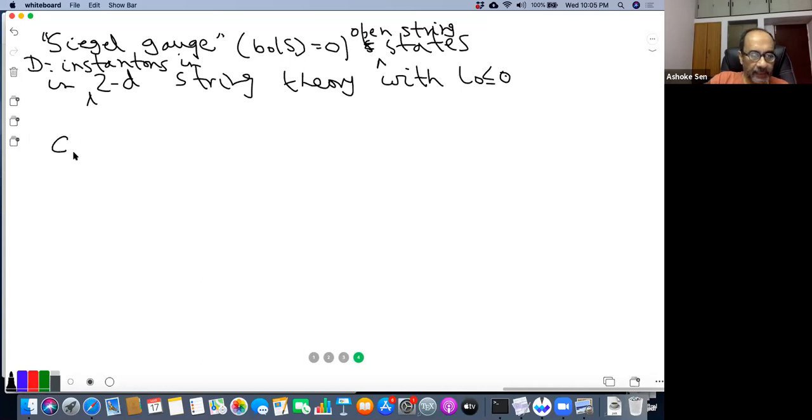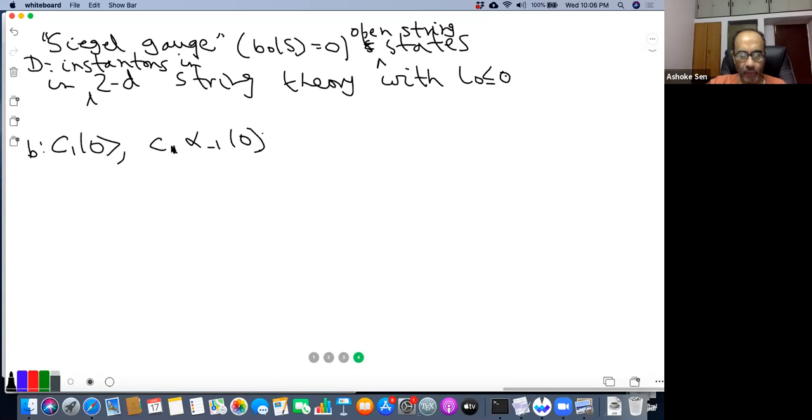So these are C1 on the vacuum, then C0 on the vacuum, sorry, not C0 on the vacuum, I made a mistake, because we are writing now only the Siegel-Gauge states. So C1 alpha minus 1 on the vacuum. These are bosonic states, because the statistics of the state are inversely correlated to the ghost number.